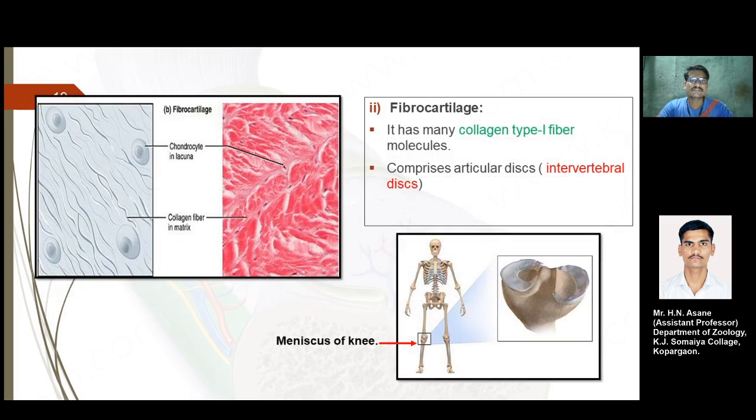The third type is the fibrocartilages. The fibrocartilages have many collagen type 1 fiber molecules, and these fibrocartilages comprise an articular disc or a vertebral disc. As we know, in our vertebral column, one disc is attached with the other disc, and this is how our vertebral column is formed.